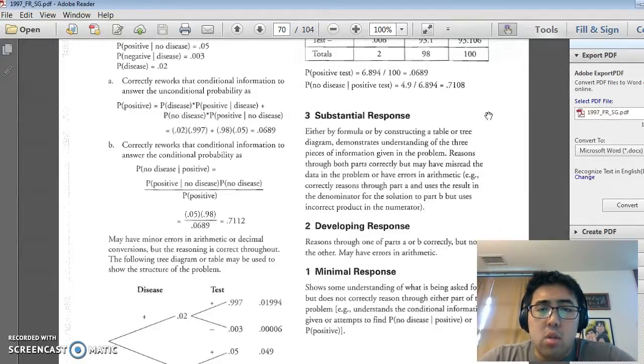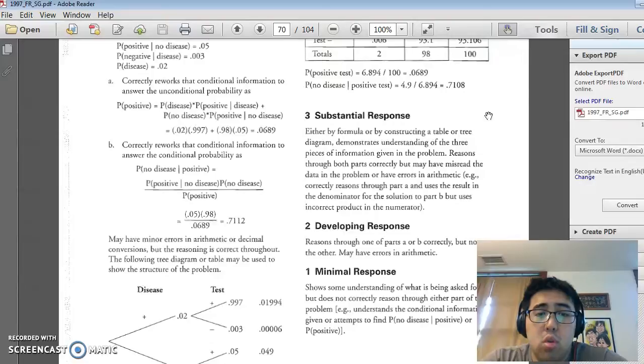Example, correctly reasons through part A and uses the results in the denominator for the solution to part B, but uses incorrect product in the numerator. Okay, so your denominator is fine in part B, but your numerator is not correct.